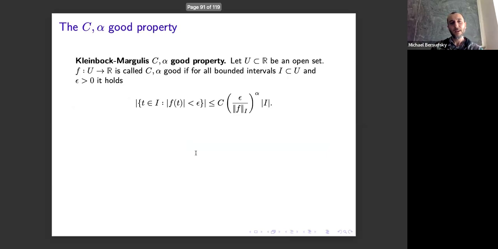Regarding this control of sub-level sets, we would like to recall the classical Kleinbock-Margulis C alpha good property, which is very useful in studying Diophantine approximation. I'll just consider a one-dimensional version. Of course, it's done for higher dimensions.